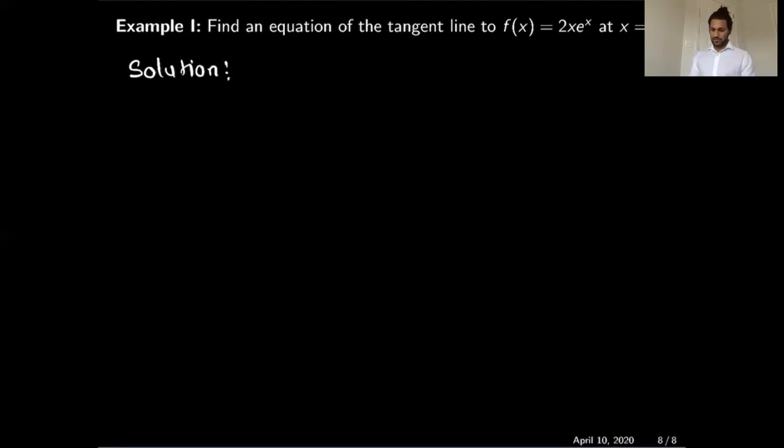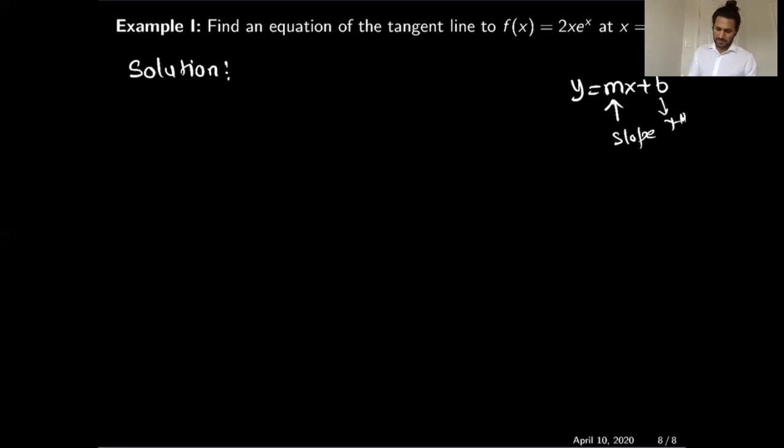To find the equation of a line, we know that the equation of a straight line is y is equal to mx plus b. There are two components we need to find: m is the slope of the line, and b is the y-intercept. So we need to find the y-intercept and the slope in order to find the tangent line.